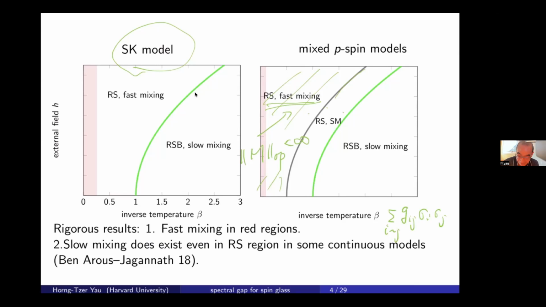Essentially nothing is known about this in dimension 3 or even higher dimension, and also about its critical temperature. So it's not even clear that proving a very high temperature spectral gap is really meaningful, because over there you are not using that G_ij is random. You basically just say that for arbitrary coupling it's still correct.